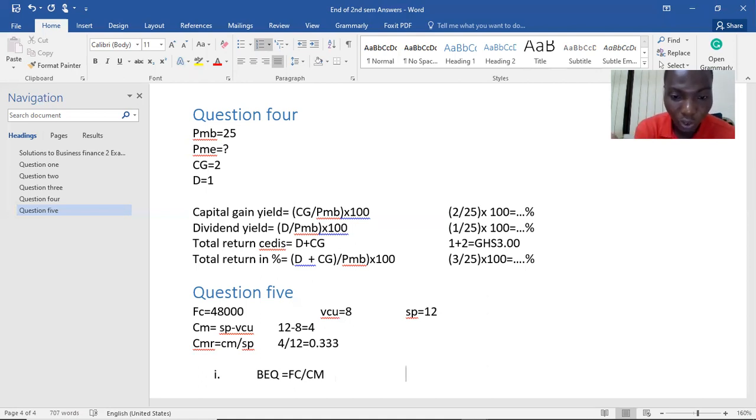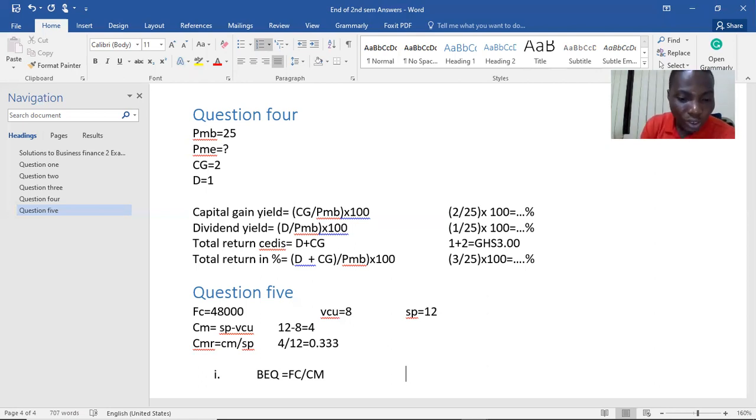I'll say it once and I'll say it again. Whether you have been asked to find break-even point units, profit level units, whatever units, the denominator is contribution margin. Anytime you've been asked anything in sales, the denominator is the contribution margin ratio.